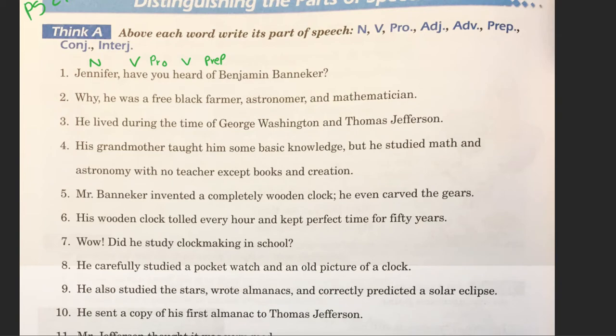Okay, so if you ever look back in your list of prepositions, remember of is one of those preposition words. All right, Benjamin Banneker, that's a person's name, so that is a noun. All right, you don't have to draw this big long arrow here. You can just write N above, in between Benjamin and Banneker.